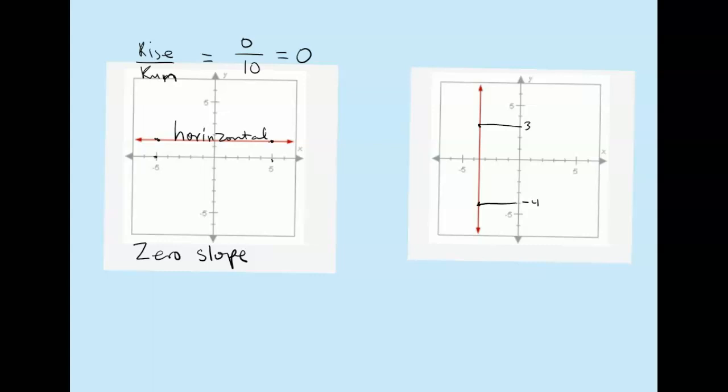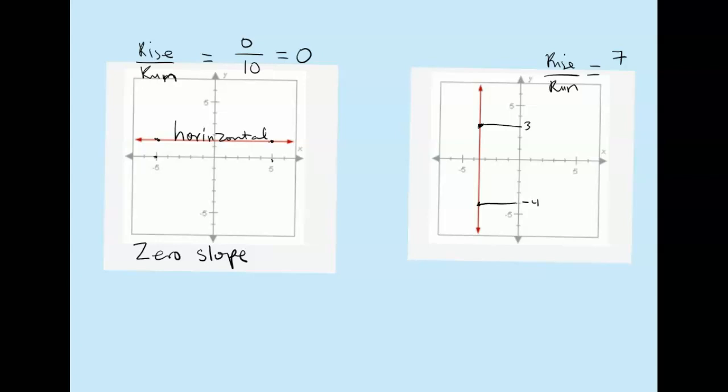It's 1, 2, 3. So the idea of rise over run. Here we realize that we are rising 7 units, and then we are not running.